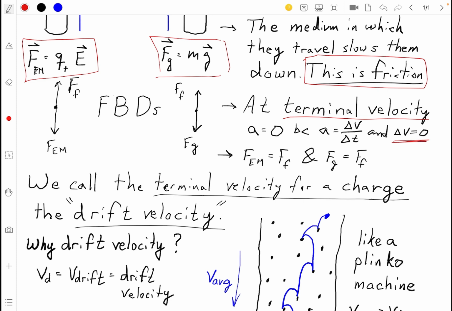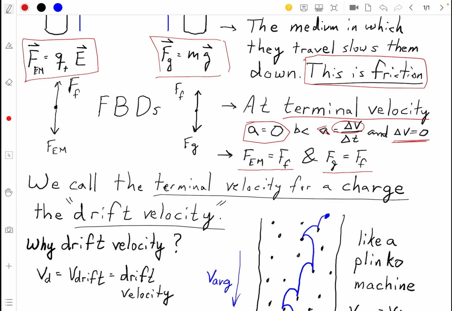And if delta V is equal to 0, then that forces a to be equal to 0. So our acceleration is equal to 0, and we've got the sum of the forces in both directions equaling out. So our force of friction is balanced out with the force that's driving the particle through.